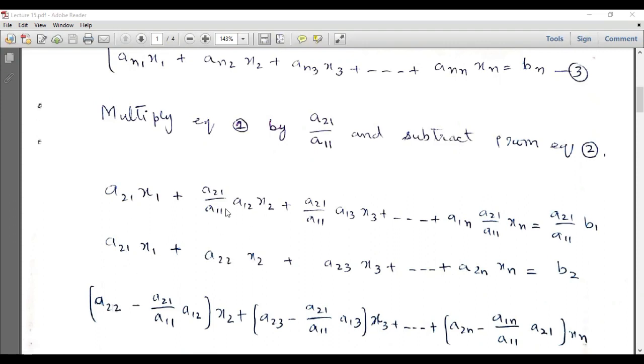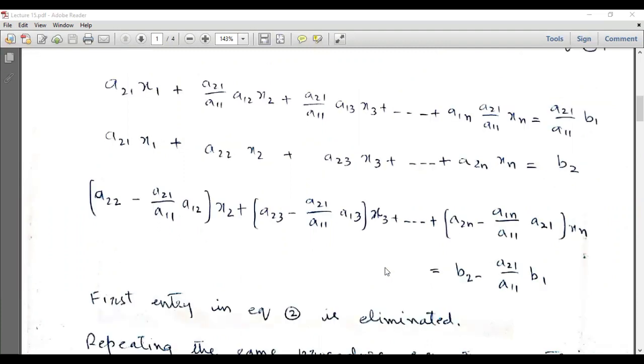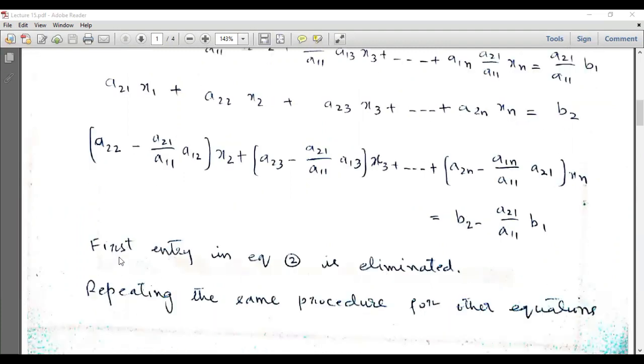Then this minus this will be a22 minus a21 over a11 into a12, into x2, plus a23 minus a21 over a11 into a13, into x3, plus so on, and it equals b2 minus a21 over a11 into b1. So this is my new second equation. The first entry in the second equation is eliminated, so it starts from x2.